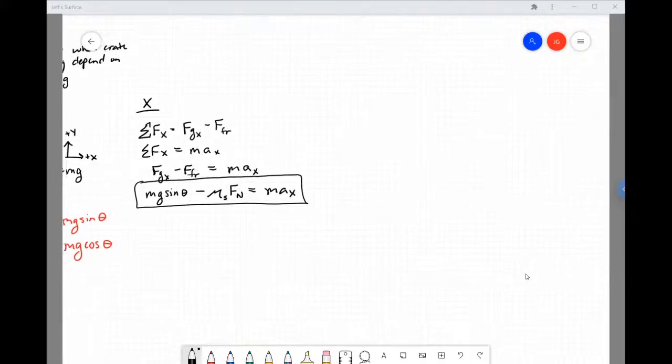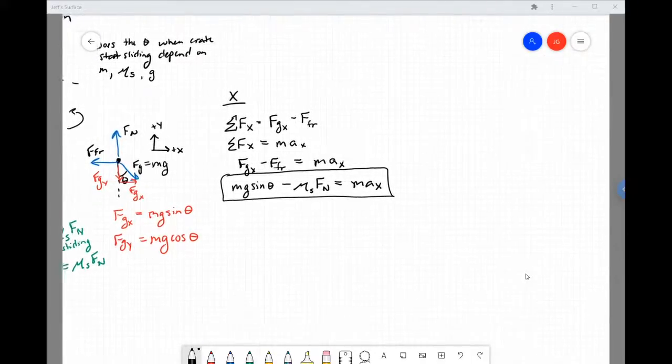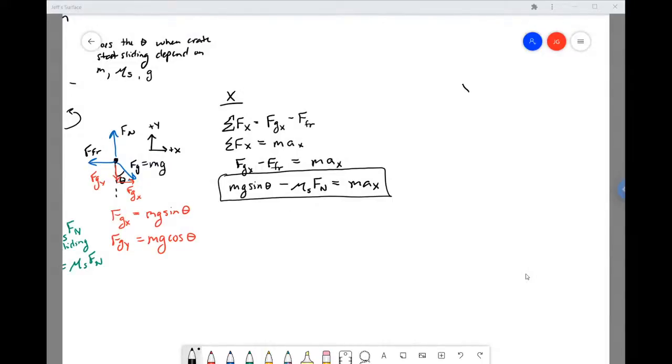And come over here. What happens when we consider Newton's second law in the y direction? In that dimension, the net force in the y direction equals one positive force pointing up, because I said up's positive, the normal force, minus the y component of gravity. Newton's second law says that net force is equal to the mass of the crate times the acceleration in that dimension.